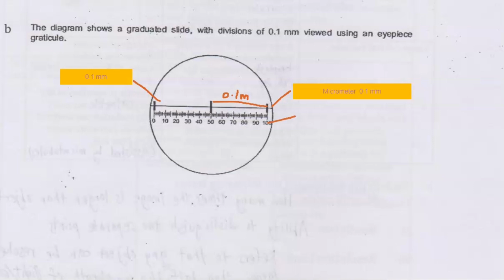This eyepiece graticule has 100 divisions. There is no unit for these divisions, so we have to calibrate it to find out the length of one eyepiece graticule division.